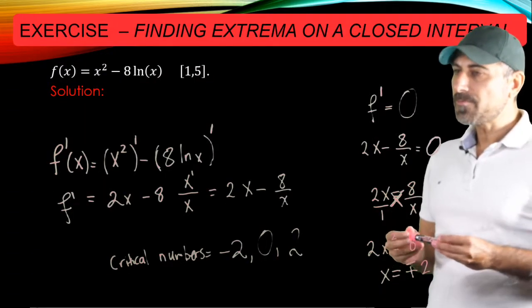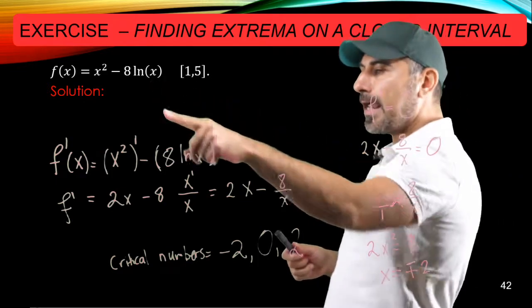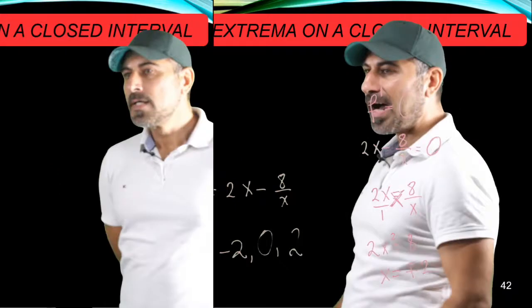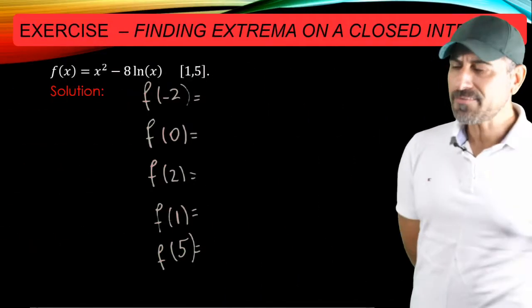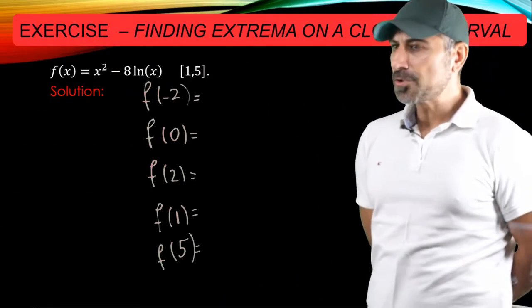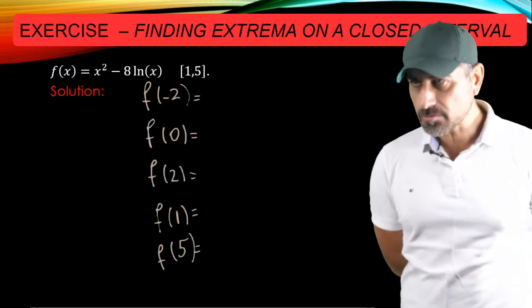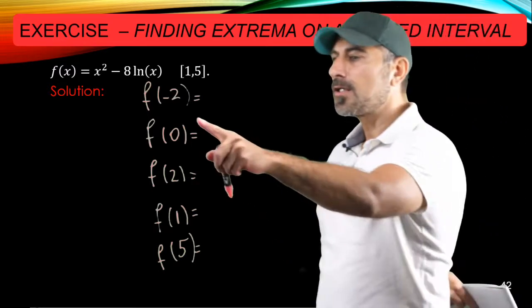In the next step, we're going to evaluate f at the critical points as well as the endpoints 1 and 5. In this step, we're going to evaluate f at the given points, but you're going to make sure that these points are in the domain of the function. Okay? So here we have negative 2.